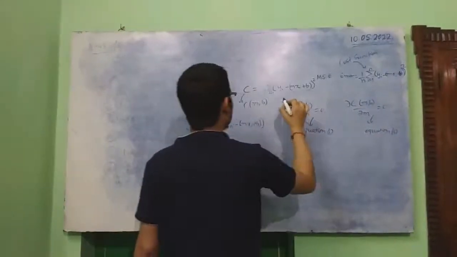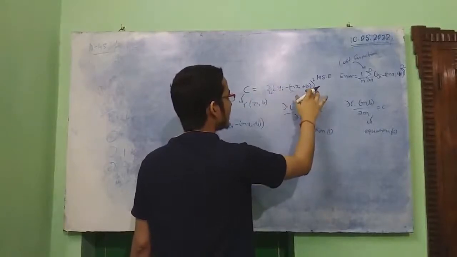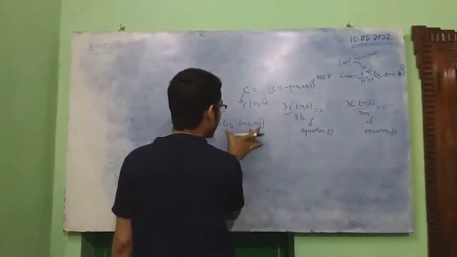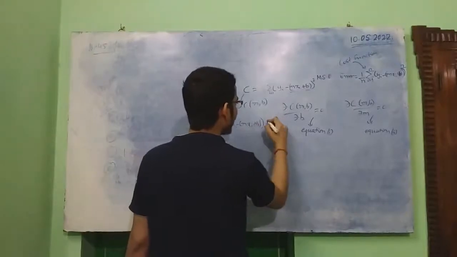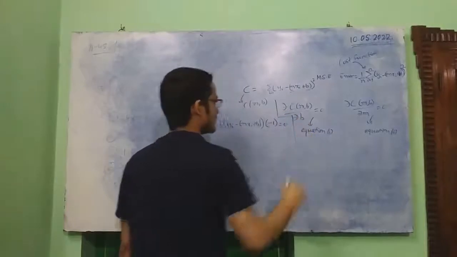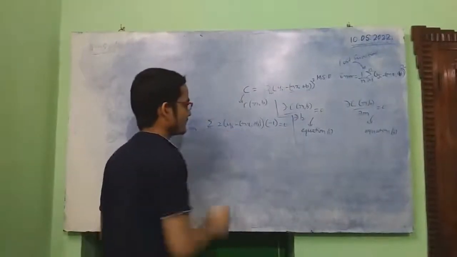And the derivative with respect to b, the inner derivative, will leave minus 1, equals 0, because there is a negative here.